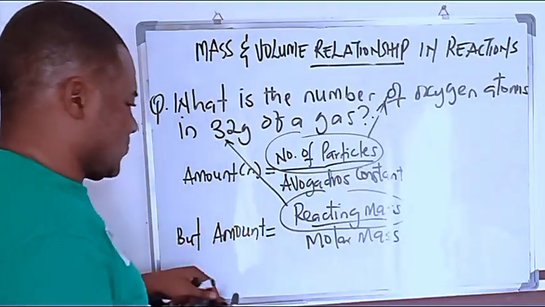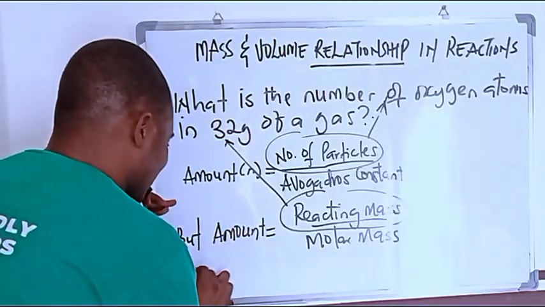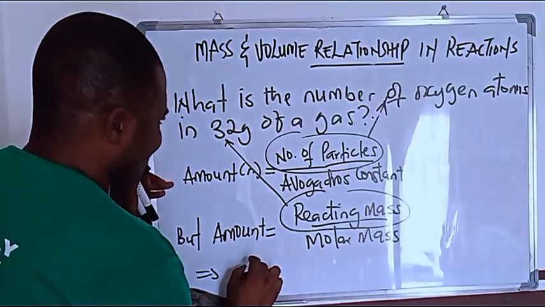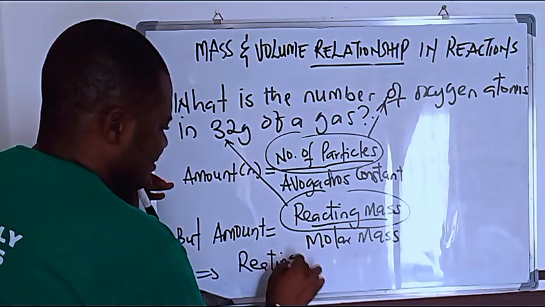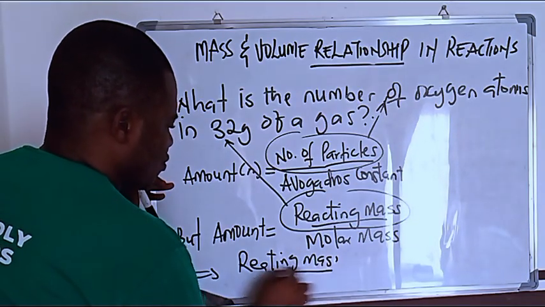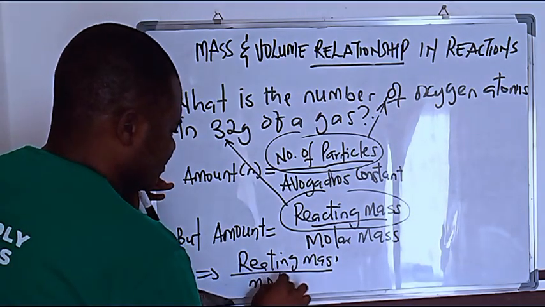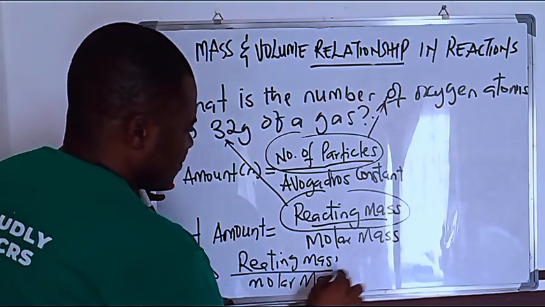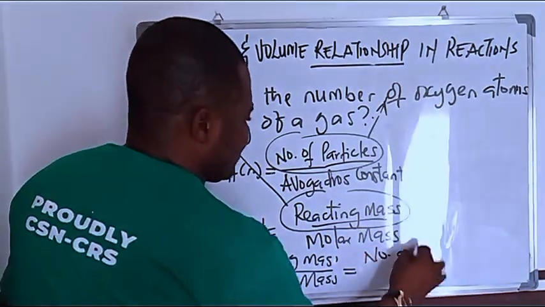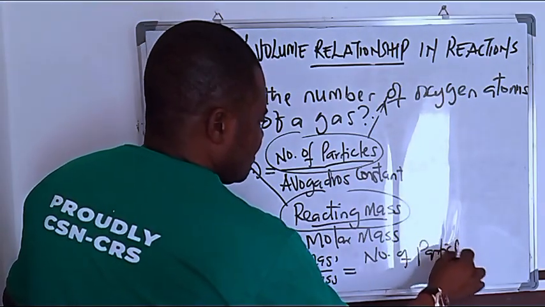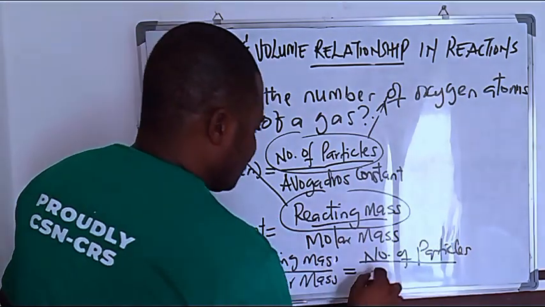So if we do that, this now implies that the reacting mass all over molar mass is equal to the number of particles all over Avogadro's constant.